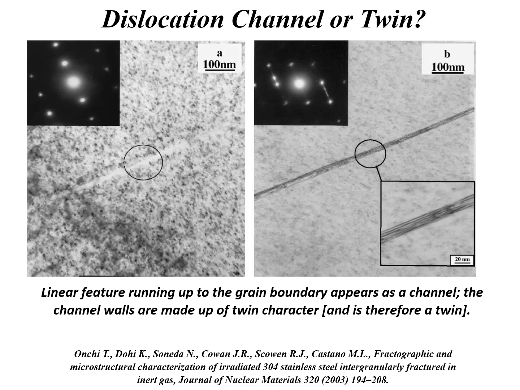They were taken from basically this region and this region of an irradiated steel. This is some work by Onishi et al. And what they're looking at is basically channeling.